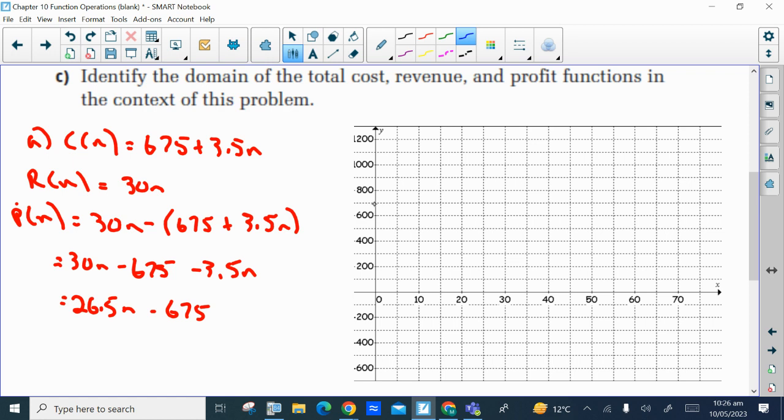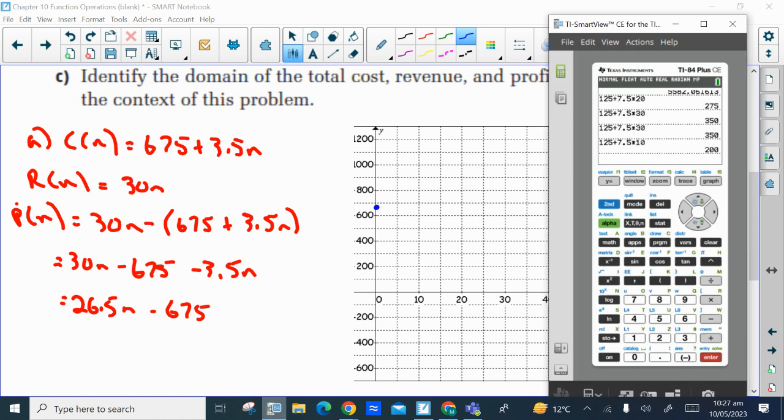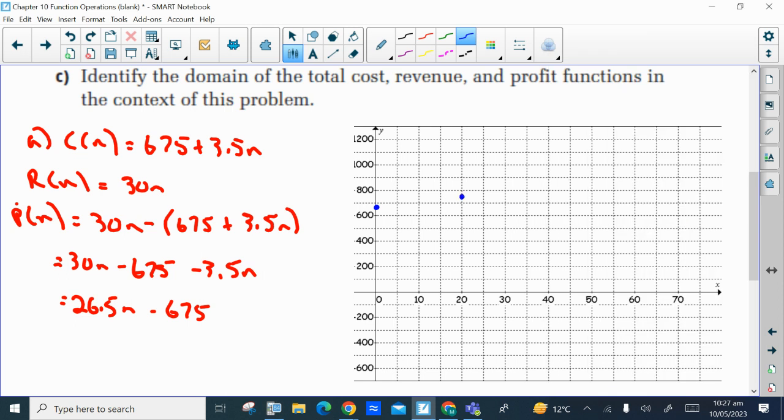That has a y-intercept of 675, approximately right there, and a slope of 3.5, which is hard to do, so like we did before, let's use our calculator. We'll just choose some different values of n. Let's say the first one is 20. So that's the point 20 comma 745. Approximately there.